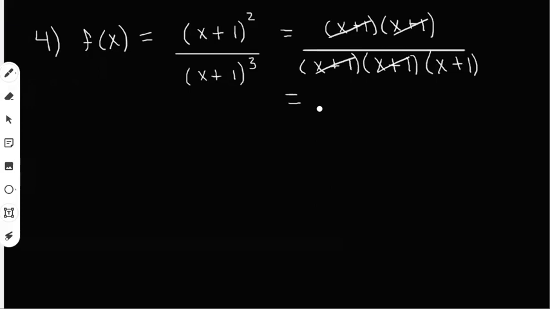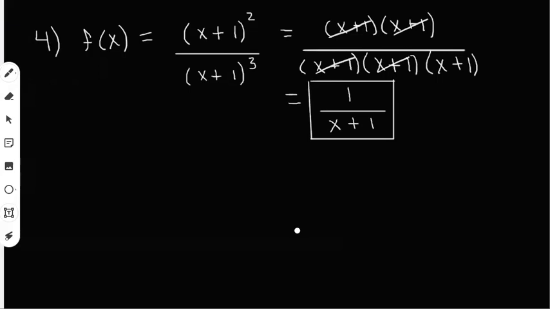So I'm going to have an x plus 1 at the bottom. And since at the top we don't have anything, I'm going to put a placeholder 1 in its spot. Yep. That's going to be our new function.